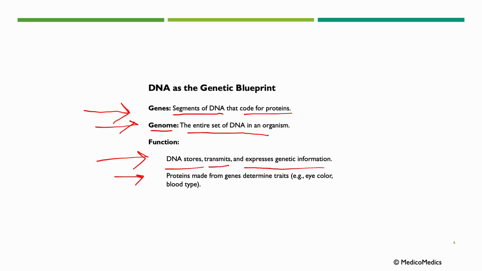Proteins that are made from these genes determine our traits, like eye color or our blood type. So DNA is like a recipe book, with each gene being a specific recipe for a protein. Now let's explore how DNA is copied during cell division to ensure genetic continuity.